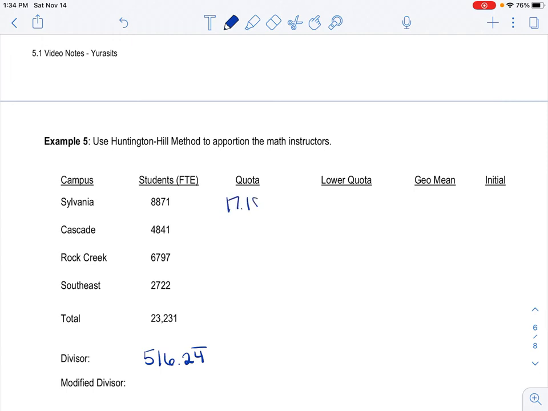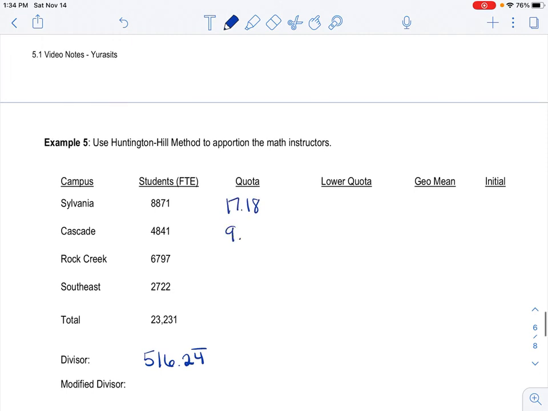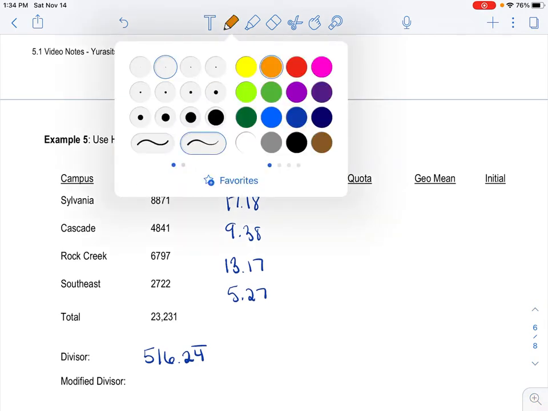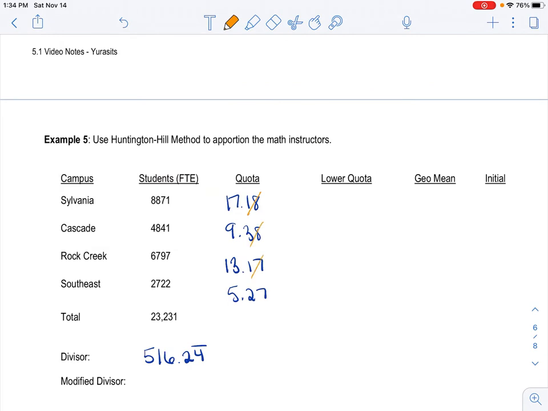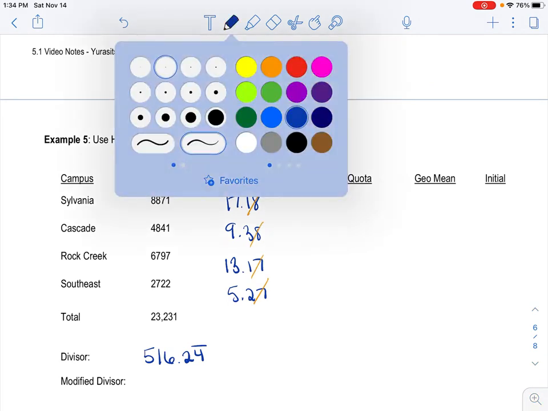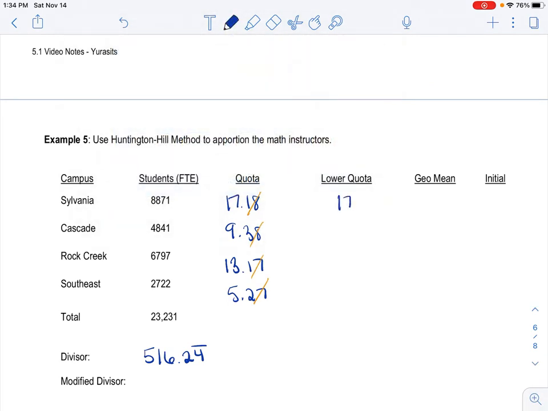We found all this quota before, so we get about 17.18, 9.38, 13.17, and then 5.27. All right. Now, what I'm going to start doing is I want to go ahead and get rid of these decimals. So our lower quota is 17, 9, 13, 5.